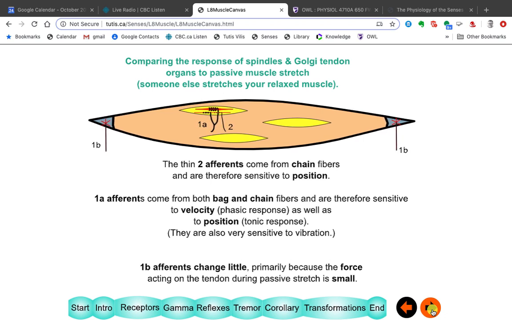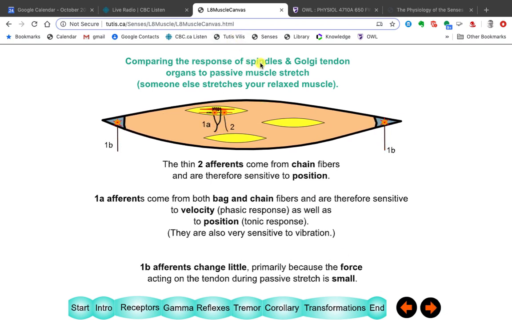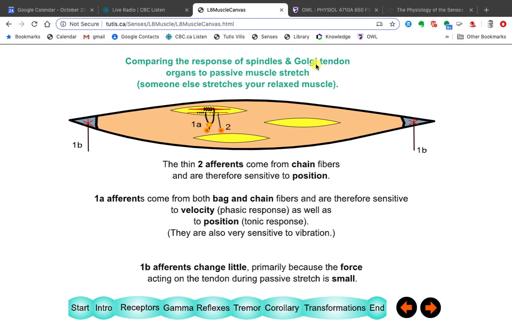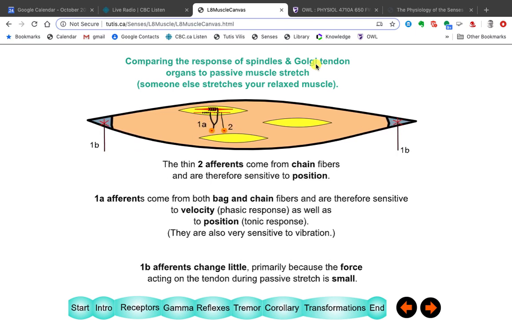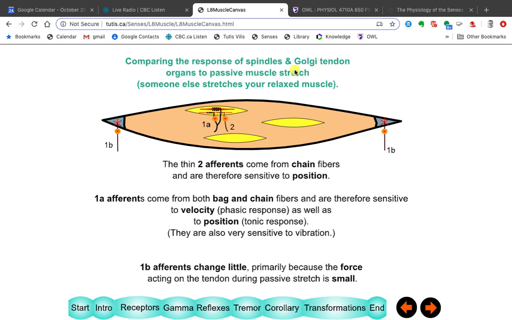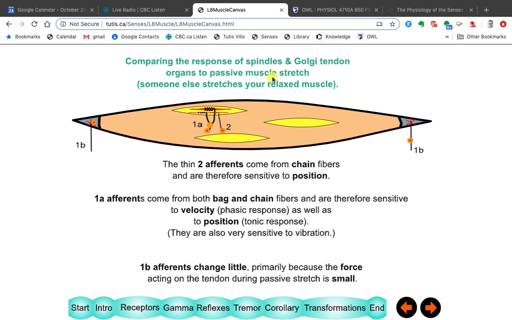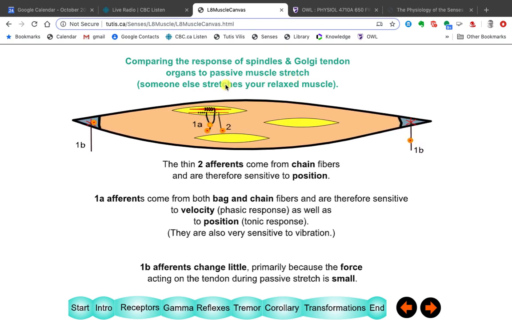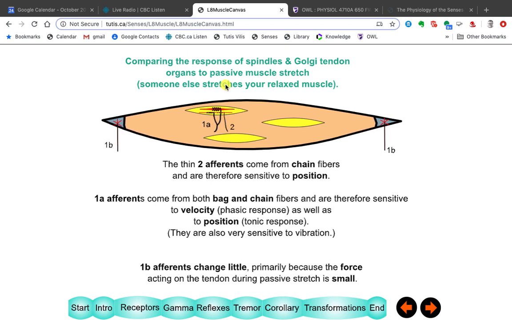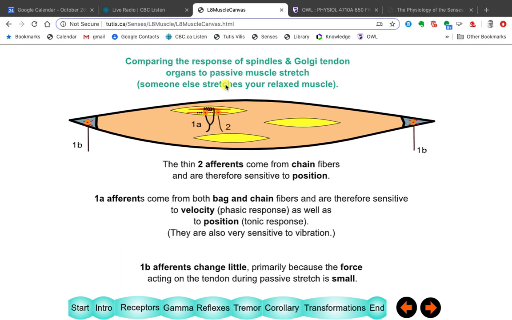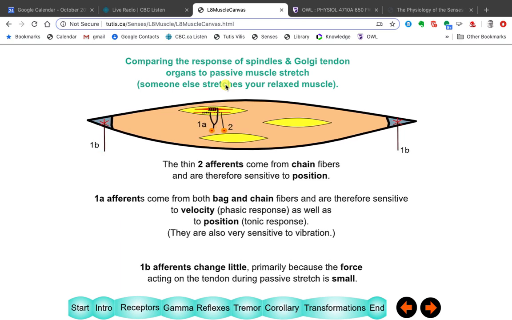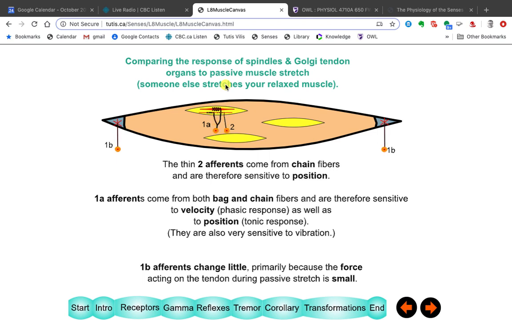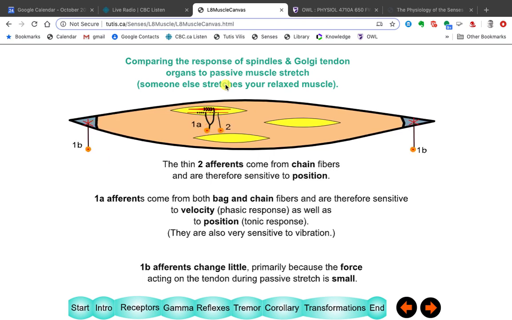Now, we'll compare the response of the spindle and the Golgi tendon organ to two movements. The first one is a passive muscle stretch. So, for example, let's say you put your hand here and somebody else pulls on your hand. So that the muscle in your biceps gets stretched, but without any effort on your part.